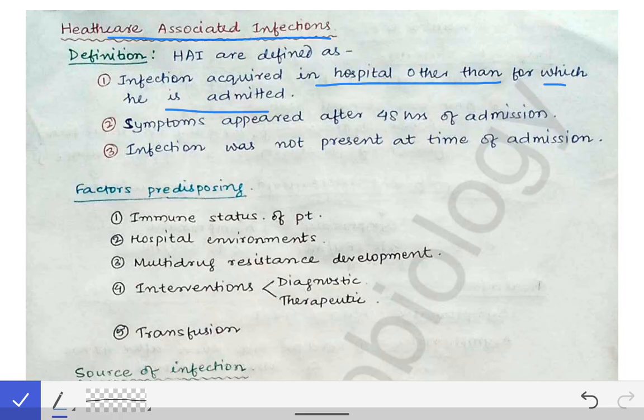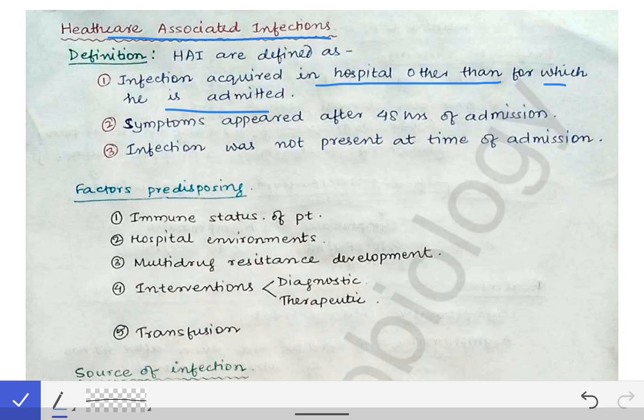Suppose a patient is admitted for cholera, and he acquires some infection over a wound, or some respiratory infection, pneumonia, etc. That will be called a hospital acquired infection, because the patient is admitted for cholera, and the disease he is suffering from now, after admission into the hospital, is pneumonia.